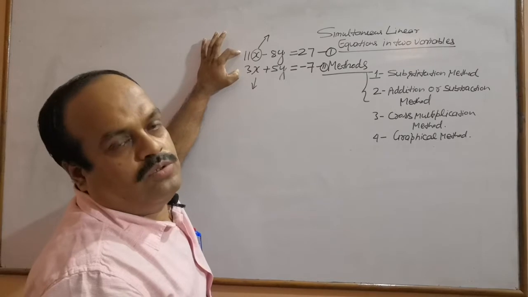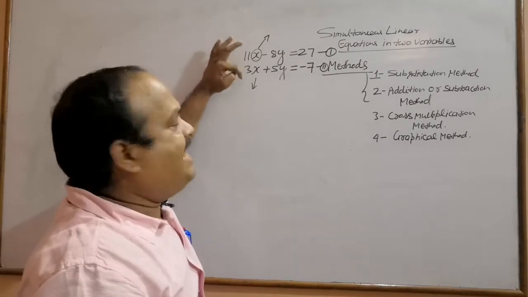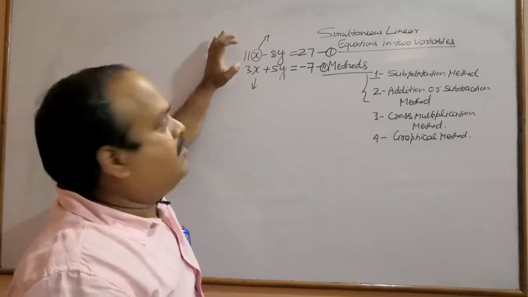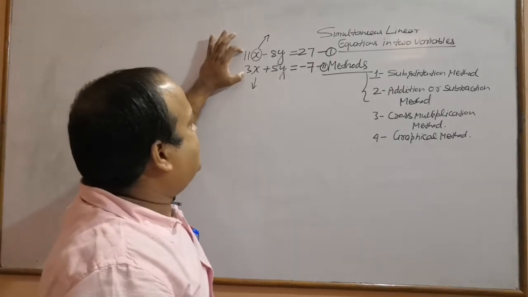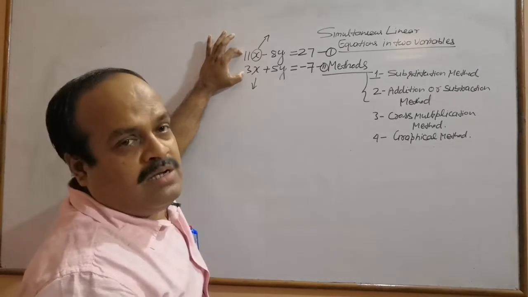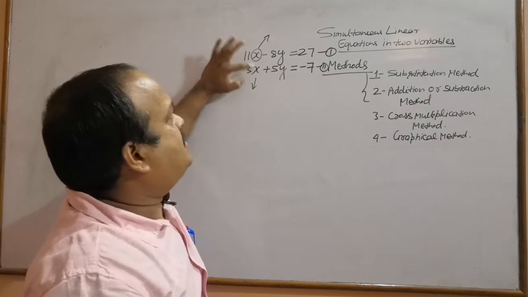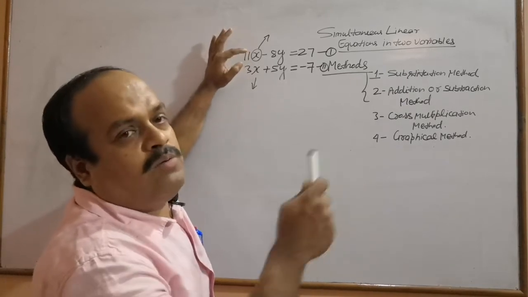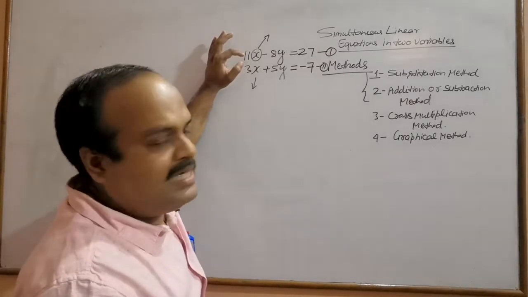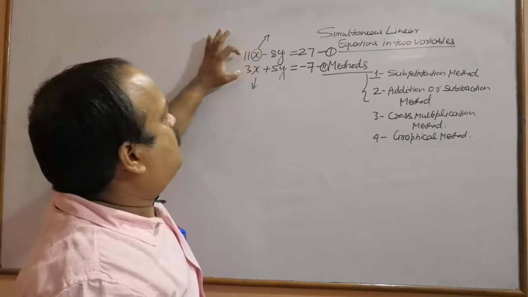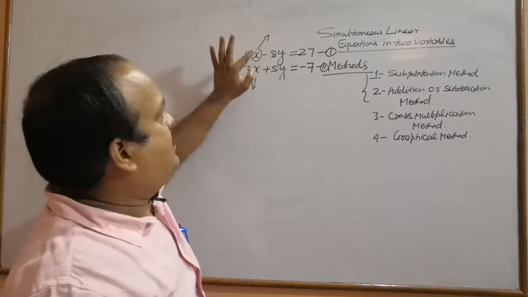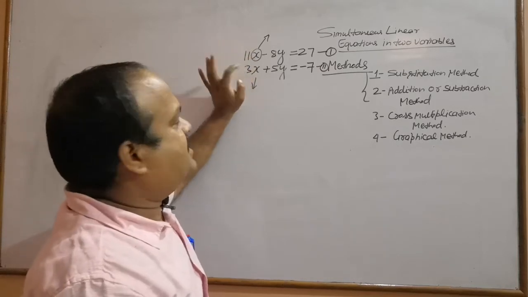So what do we do? To eliminate a term of x, we make the numeral coefficients of that unknown equal by doing multiplication. I am saying make the coefficients of this one and this one the same. Here the coefficient is 11, here the coefficient is 3.